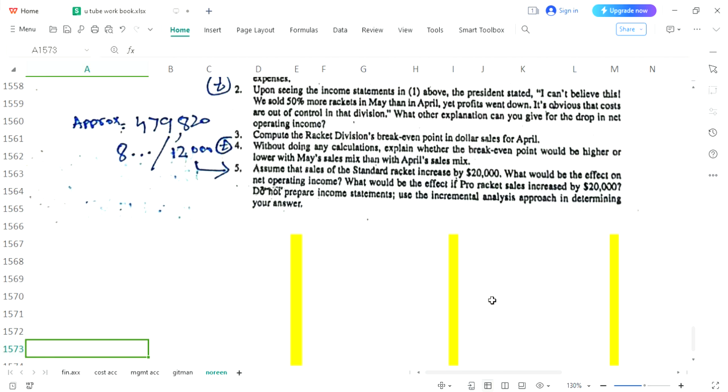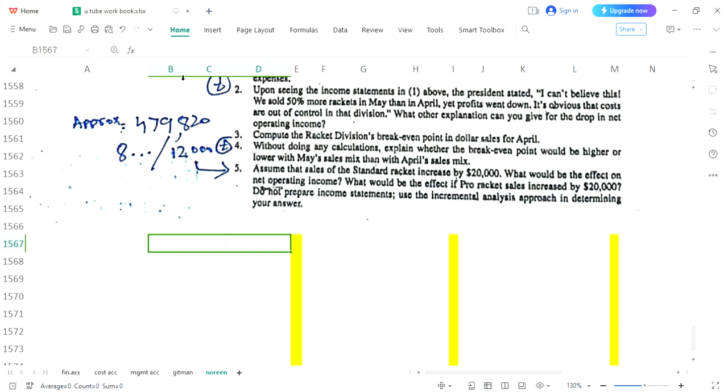So let's go and see what we can do. Here I have divided the lines into three parts, and this last column will be used for the calculation of total. Here we will be making the income statement for the first product, and that would be, I think, standard.